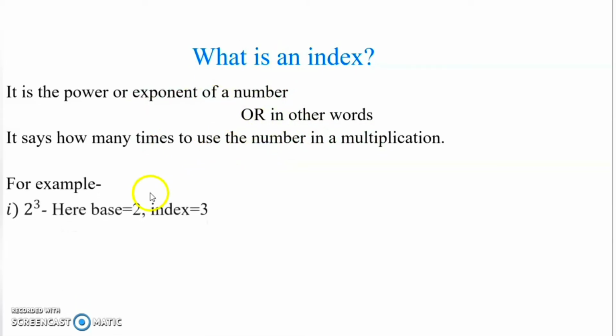Suppose you take a number 2 raised to 3. Here this 2 will be known as the base and this 3 will be known as the index. This tells you that the number 2 has to be multiplied 3 times, and this number 3 is also known as the power or exponent of 2.